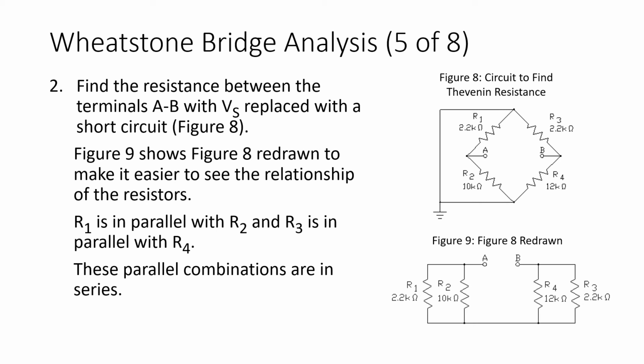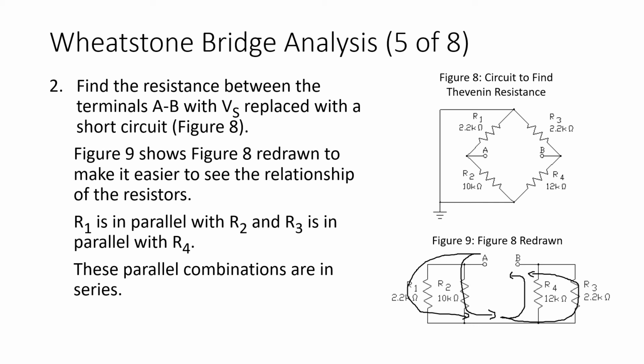So to get from A to B, I can either go through R2, or I can go through R1. R1 and R2 are in parallel. And to continue on to point B, I can either go through R4 or I can go through R3. So resistors R3 and R4 are in parallel.